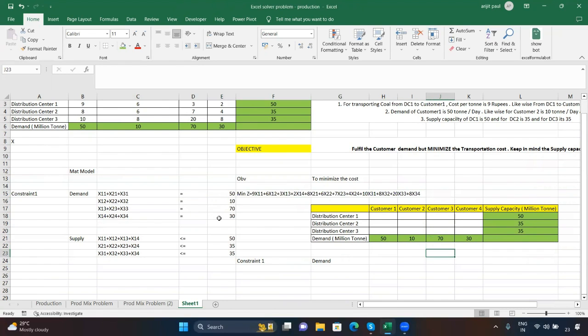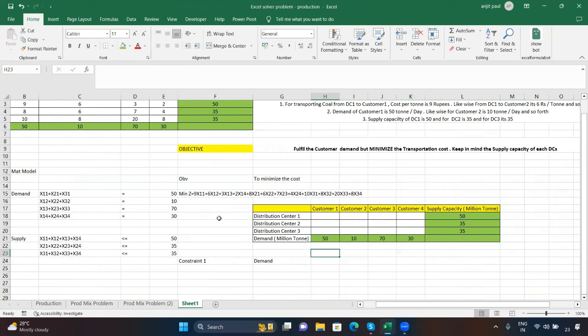Same thing we are going to formulate here also. So demand constant is this one plus this one plus this one equal to how much? 50.